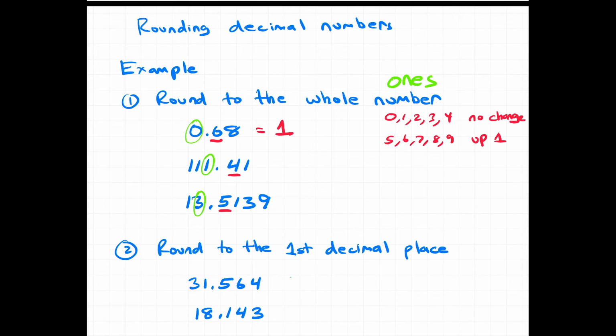What we're going to be looking at is the 4, which falls into this column. So it says there is no change to this ones column. So my answer is going to be 111. And the last one right here, we have a 5, which tells me that this one is going to go up 1. So my answer is going to be 14.